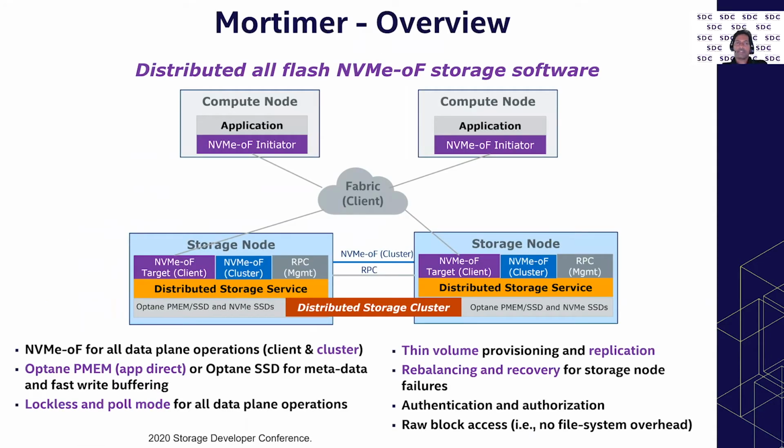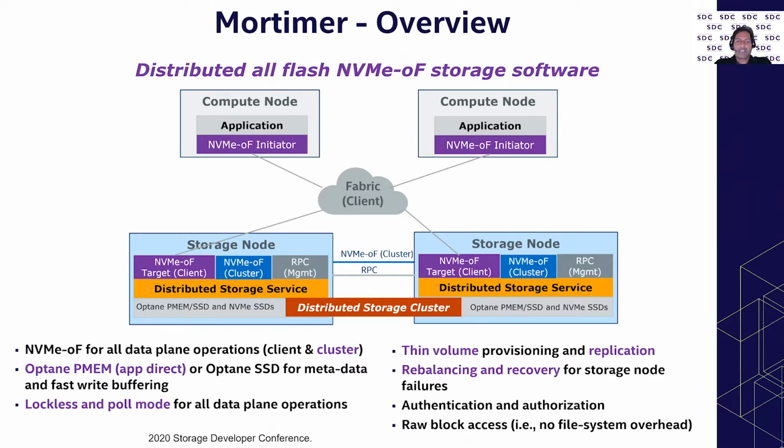Mortimer overview. Mortimer is essentially a distributed storage stack that uses the NVMe over Fabrics protocol, both for the client connectivity as well as the cluster connectivity, and it uses the Optane persistent memory and SSD to do fast metadata lookups and optionally write buffering to speed up the read and write data path IO.